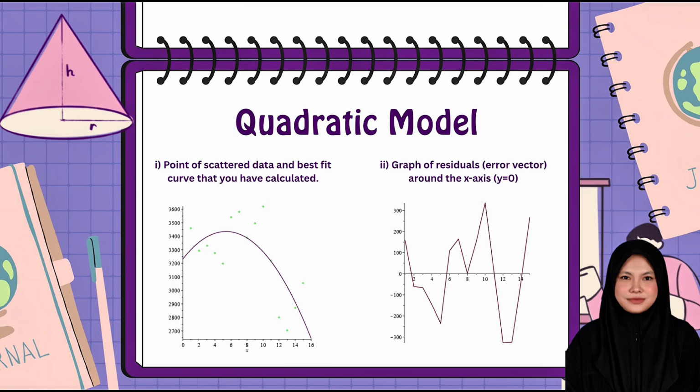On the right, the residual graph shows the error values distributed around the x-axis, y equals 0. Ideally, the residuals should be randomly scattered close to 0. Even so, the quadratic model is still useful for representing the general trend of the data.